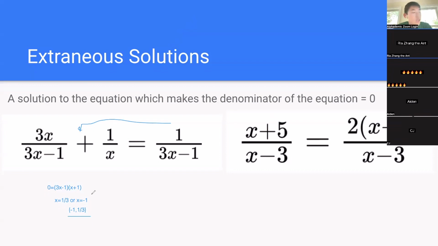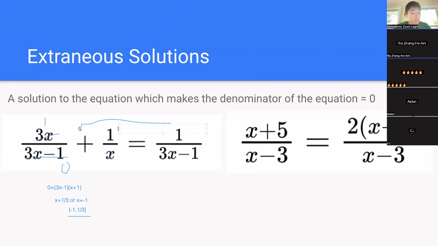So for example, if we plug 1 over 3 back into the equation, what do we get? So here, this just cancels out to 1. This bottom cancels out to 0. This becomes 3. Let me redo that. 3 is not good.